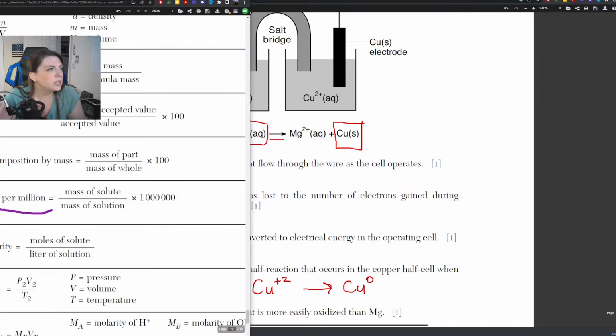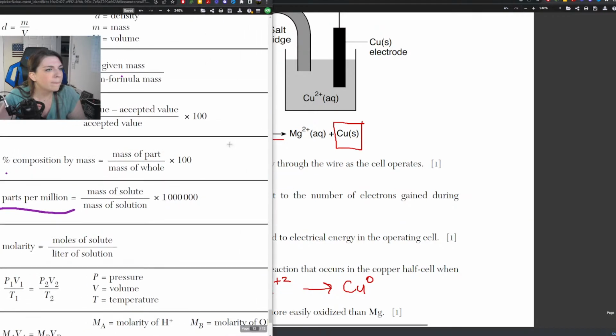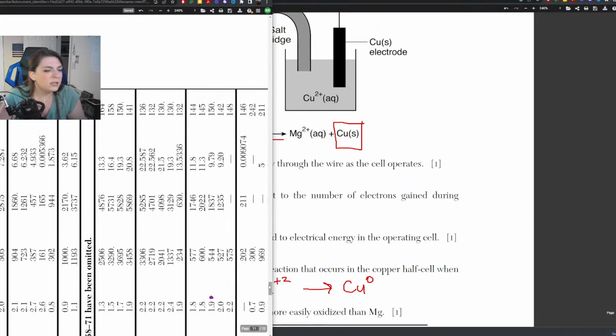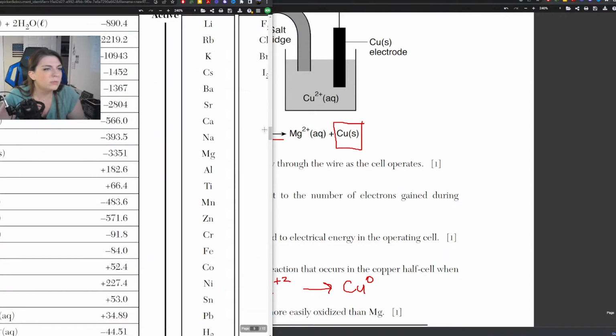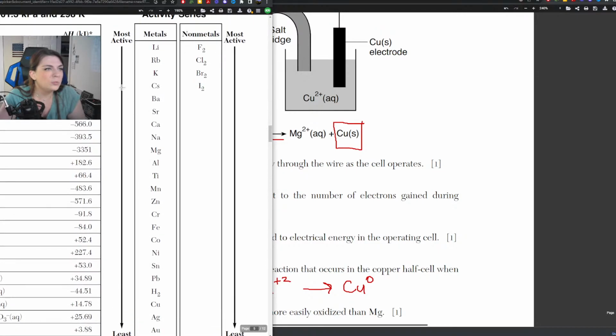If we check out the reference table, table J is maybe the best table, but also possibly the worst table. It's kind of hard to judge. Table J is going to put the anodes up at the top and the cathodes down at the bottom. In this case, we would be comparing magnesium and copper.